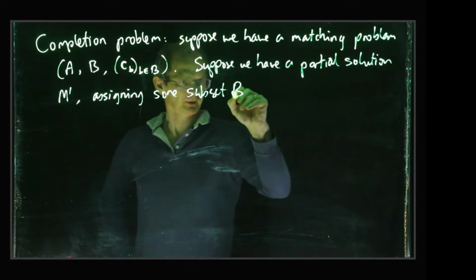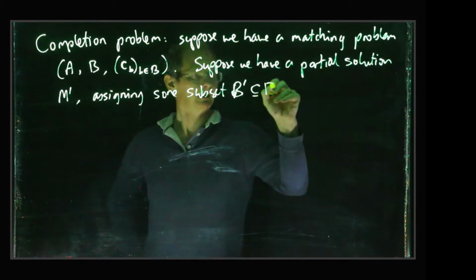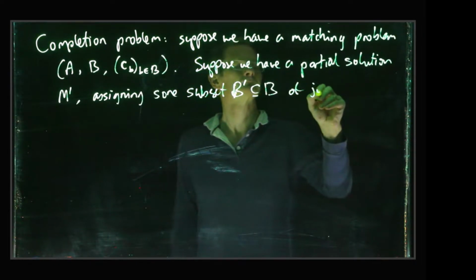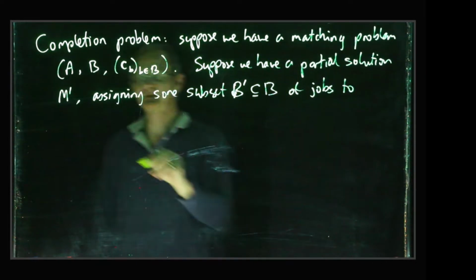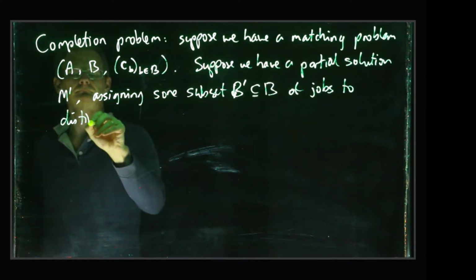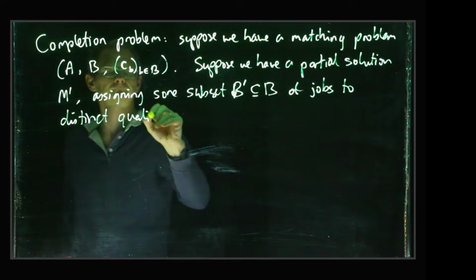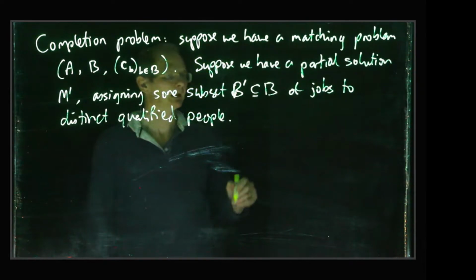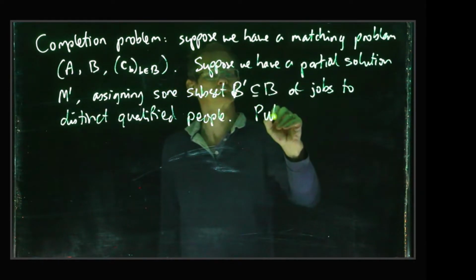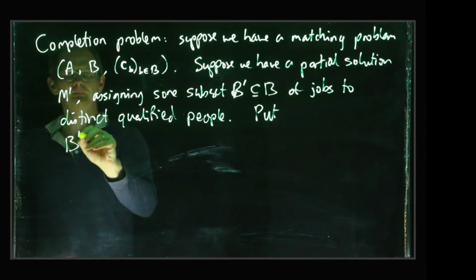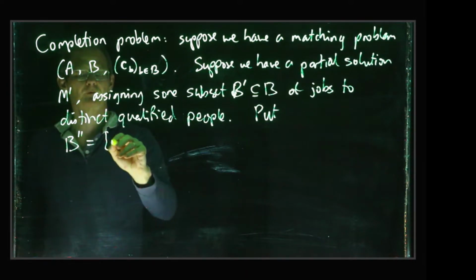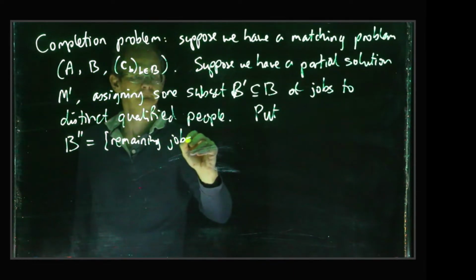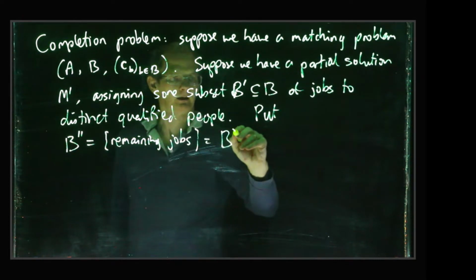So this is not assigning all the jobs, but it's only assigning some subset B prime of the jobs to distinct qualified people. Then we're going to put B double prime as the remaining jobs. So that's B with B prime removed.